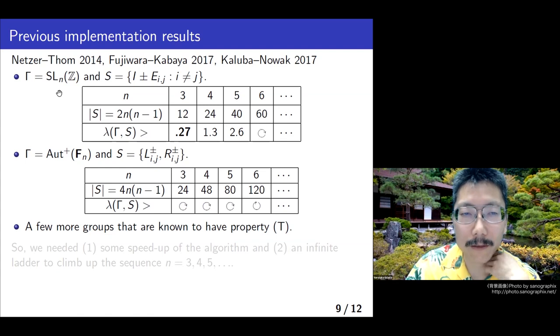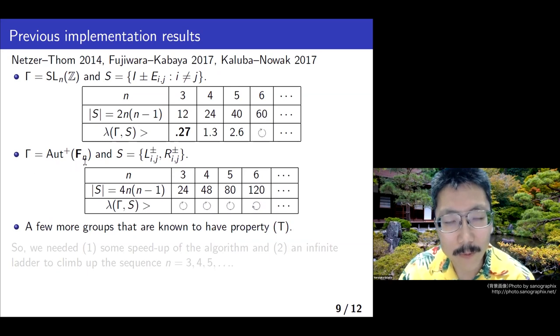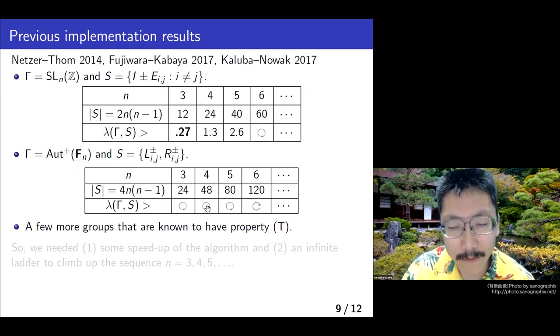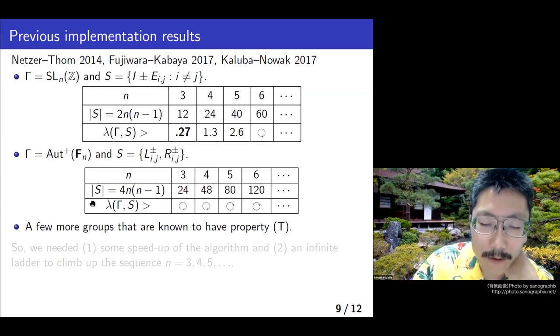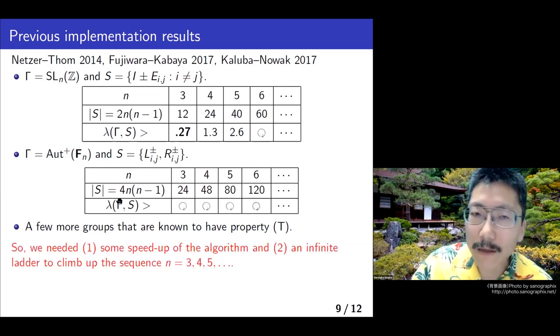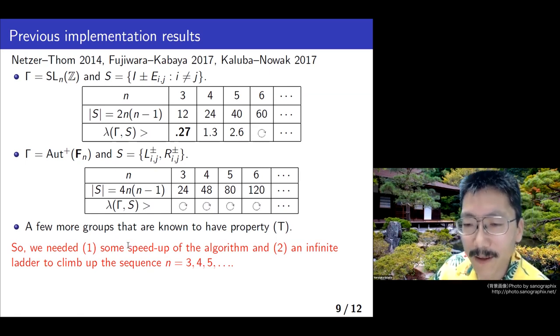The same phenomenon, which I didn't write here again, has been seen on SLNZ[X] or Z[X,Y], etc. Anyway, when gamma is the automorphism group of the free group, everything is stored. Everything overflowed. So we need some speed up of the algorithm, or you need to wait 10 to 20 years.